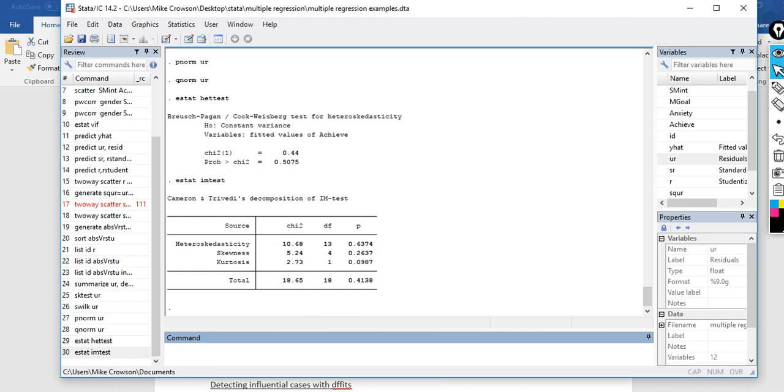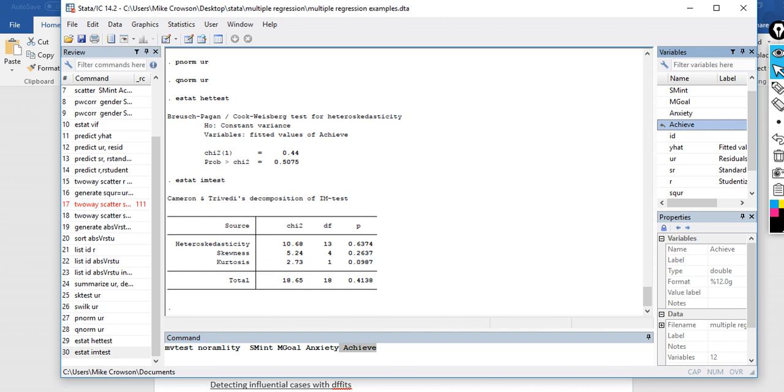So let's say I just want to ask for univariate, bivariate, and multivariate normality tests concerning our variables in the model. So I would just type in mvtest normality. So that's the basic command. And then I would just include the variables in the model. So I'm going to move subject matter interest, mastery goals over, anxiety over, and achieve over.